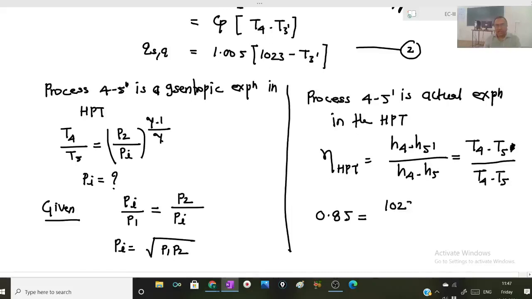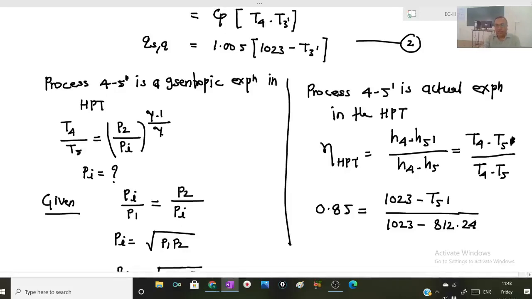T4 is given as 1023. T5 dash is to be calculated. T4 is 1023 and T5 I could calculate 812.24.